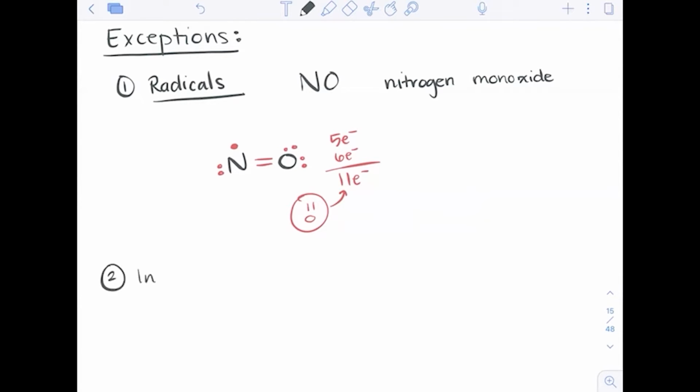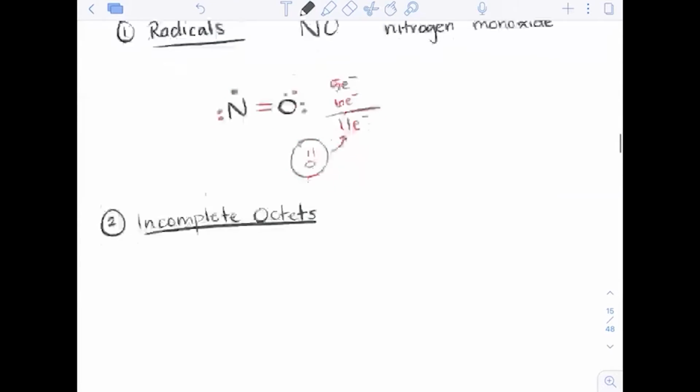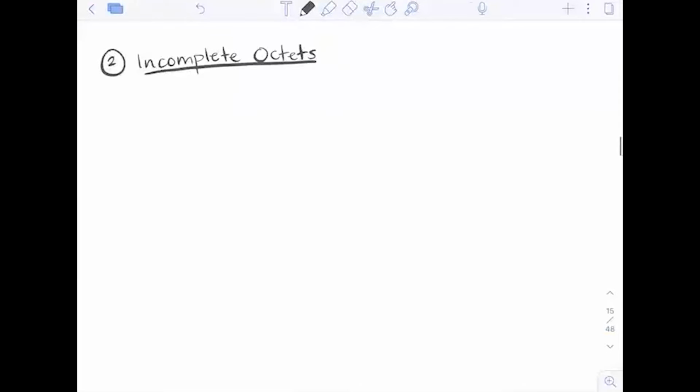Another exception that wasn't necessarily identified with Lewis theory is incomplete octets. Can't spell octets today, but that's all right. Incomplete octets are going to be with atoms that do not need 8 electrons. Primarily boron.